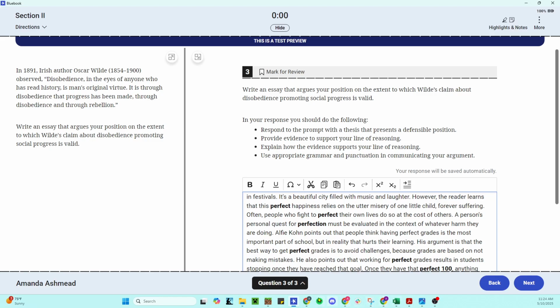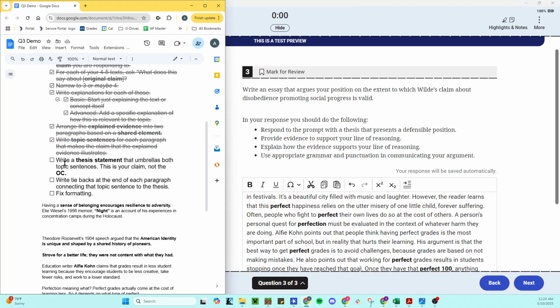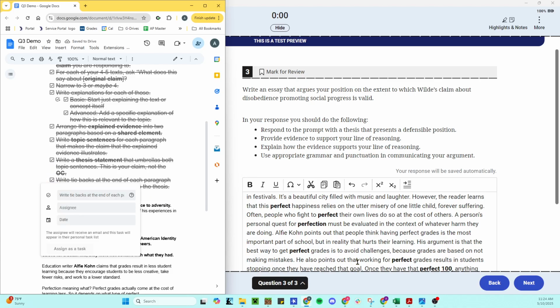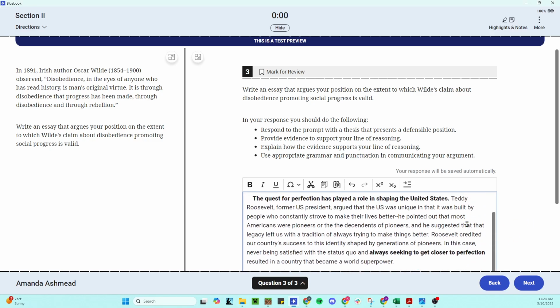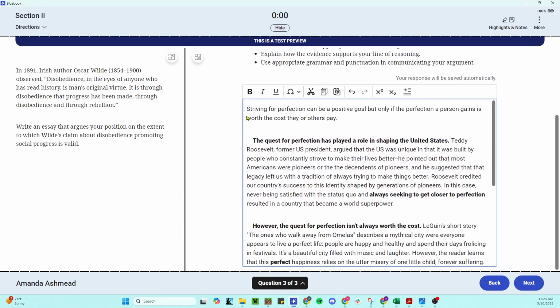All right, so now we have a thesis, and we look at our checklist. We've written our thesis statement. Now we have to write tiebacks at the end of each paragraph, connecting it to the thesis. So, striving for perfection can be a positive goal, but only if the perfection a person gains is worth the cost they or others pay.